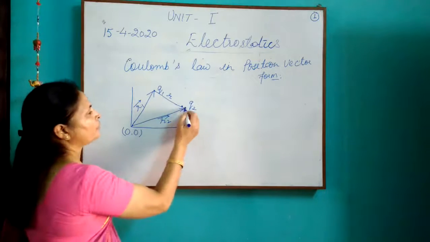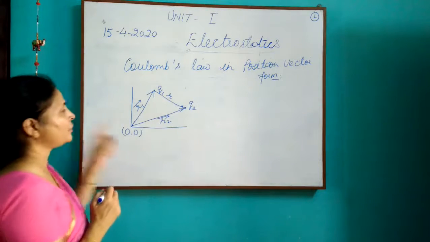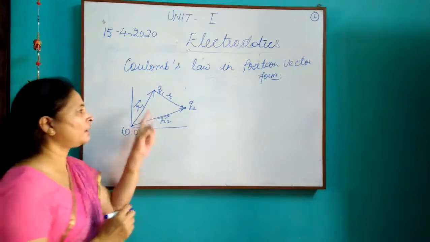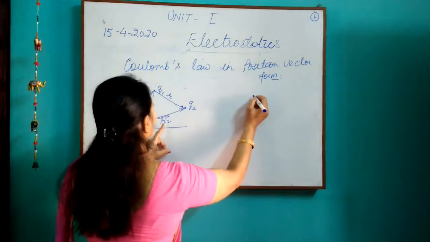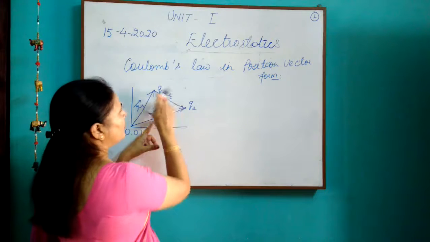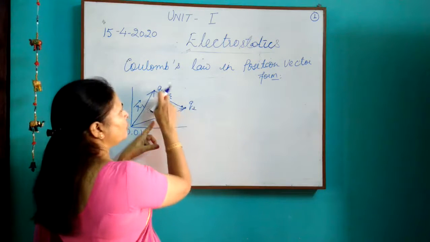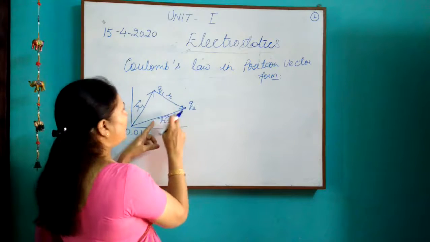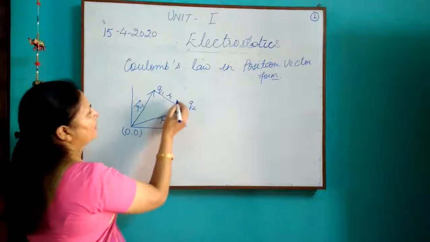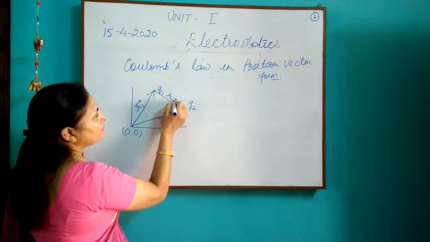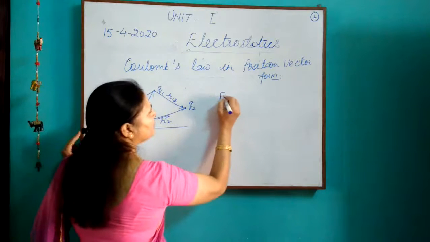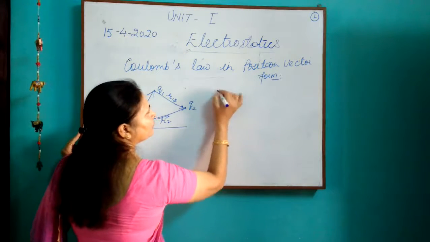How? I use vector addition, the triangular law of vector addition. And by that law, depending upon the direction of force from Q2 to Q1 or Q1 to Q2, I have different values of R. Suppose I take the value R12, force on 1 because of 2.